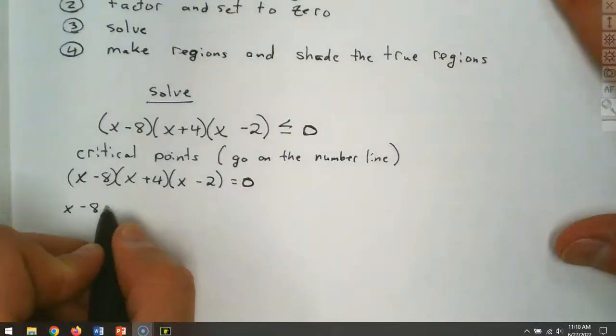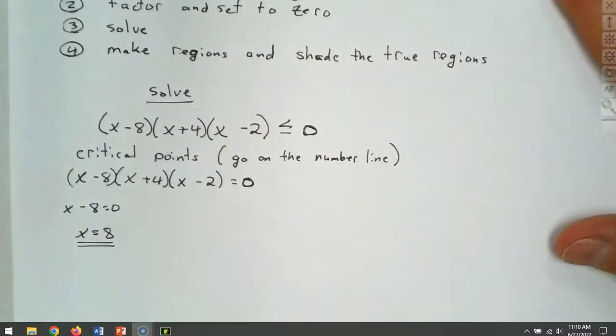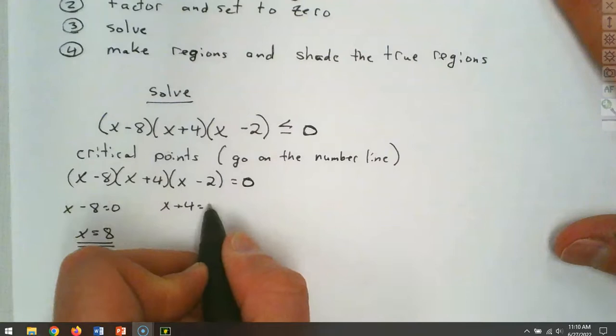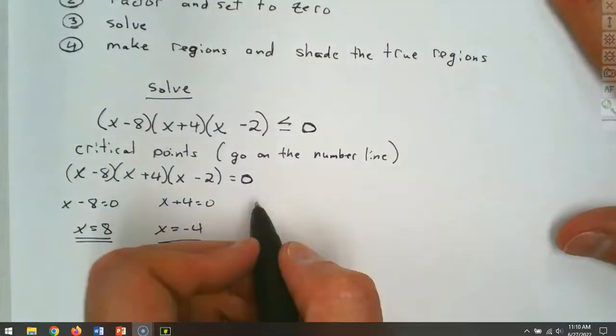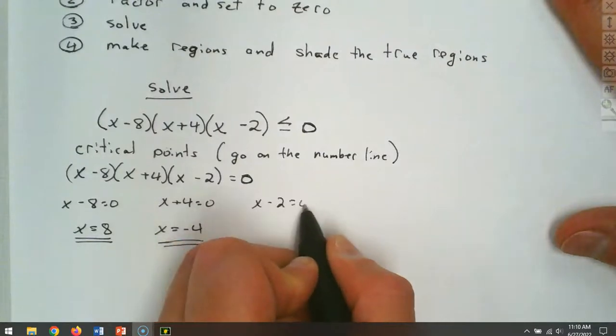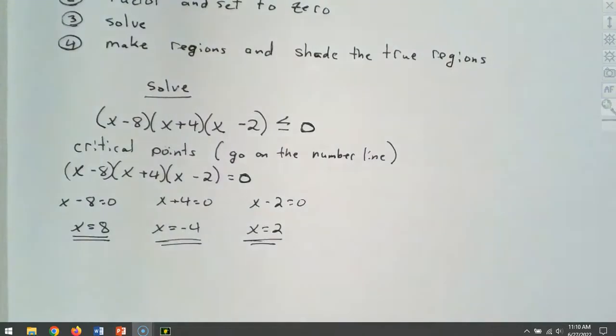So x minus 8 equals 0. So one of them is x equals 8. x plus 4 equals 0. So x equals negative 4. x minus 2 equals 0. So x equals 2.